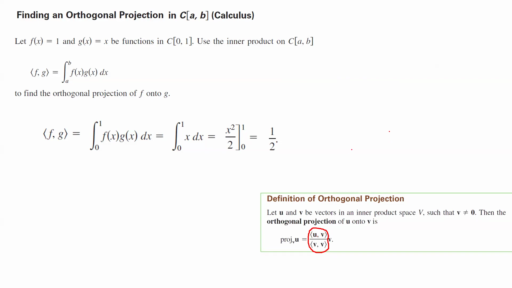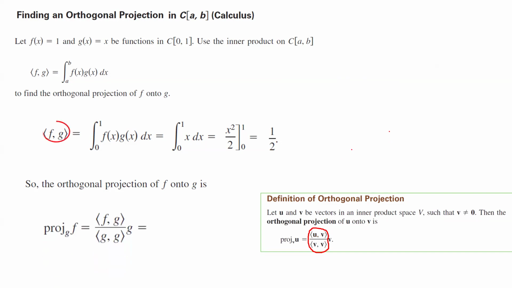The denominator should be very easy for you to calculate. For the denominator, you just have the inner product between g and g. The orthogonal projection of f onto g is a half divided by a third.